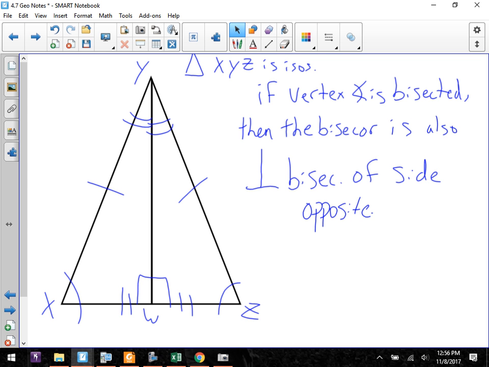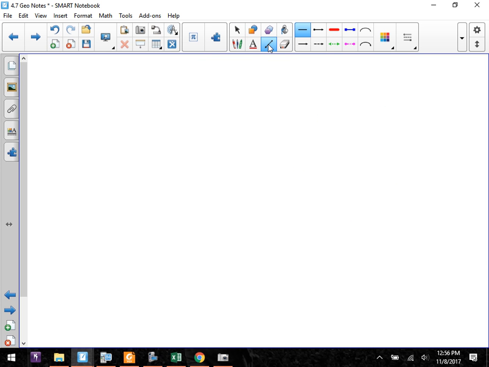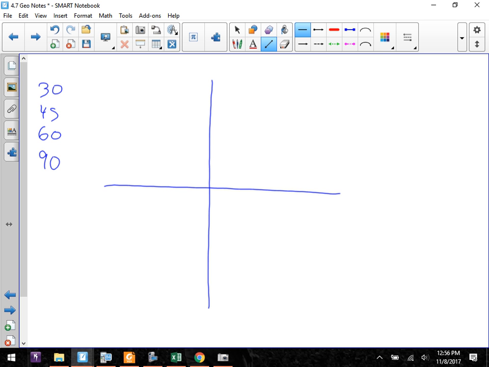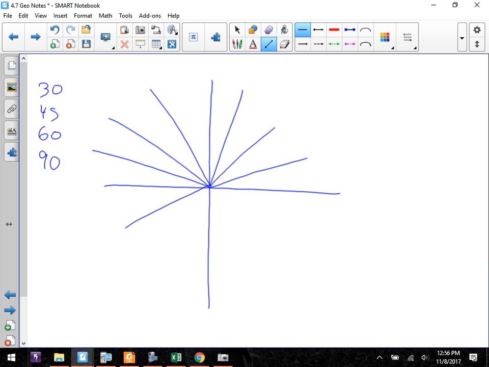So, and don't write all this out, but eventually those four angles, 30, 45, 60, and 90, become the basis of trigonometry.